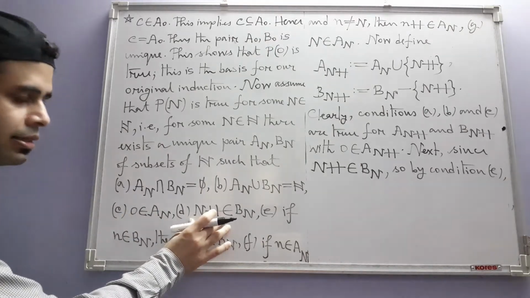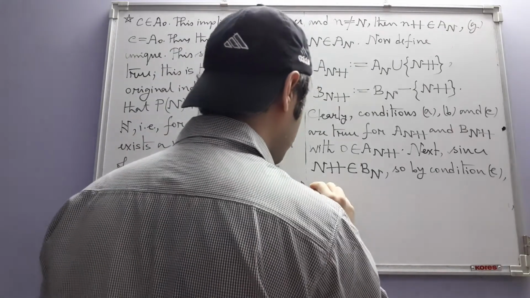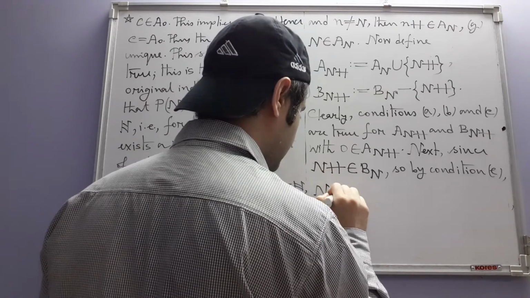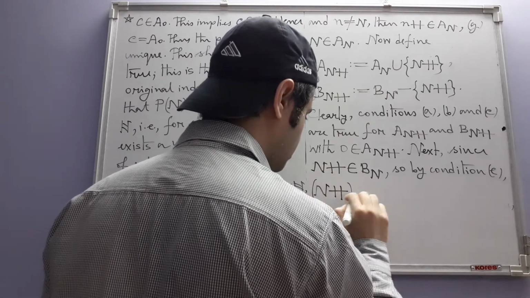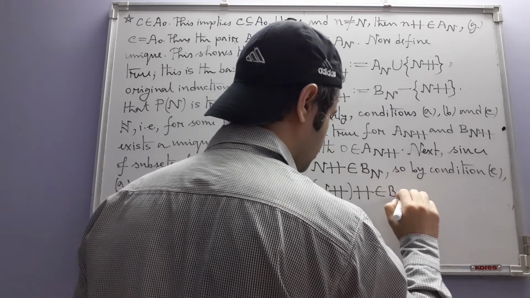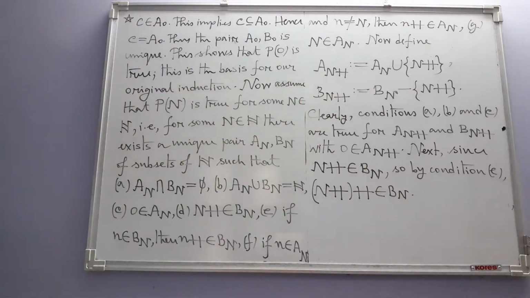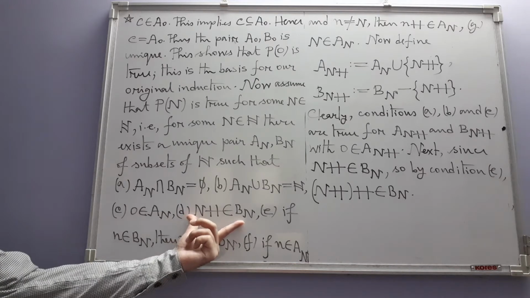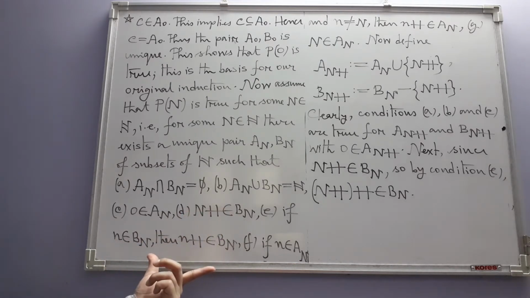Now that something here is this. So we have the successor of n plus plus belonging to Bn. This is coming from D and E. Okay.